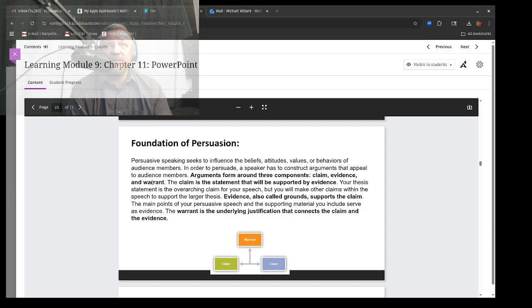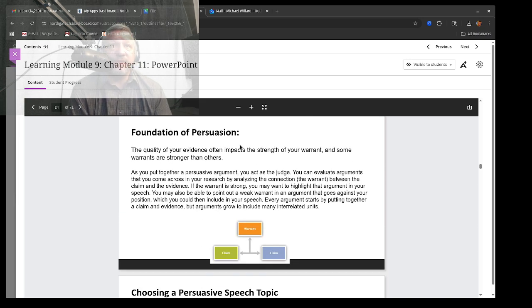The claim is the statement that you're going to support with your evidence. It's the overall thesis statement of your persuasive speech. Your evidence is your grounds, your support, your information, and the warrant is the underlying justification that connects the claim to the evidence.